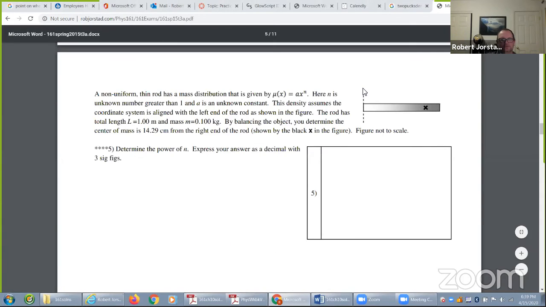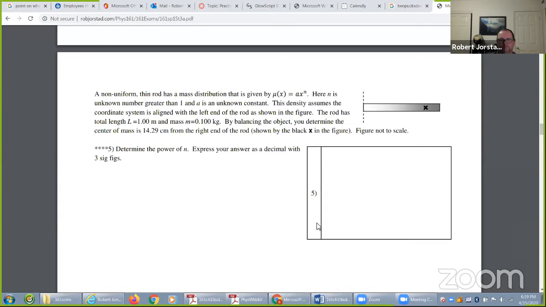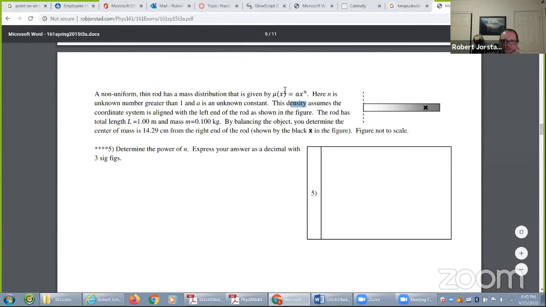This one, straight center of mass. Oh, whoops. I guess I just looked at it and I saw it and knew it. My bad. I gave it away there. I'm getting tired. I'm just answering the questions. I see density. As soon as I see density, I'm thinking, oh crap, I need dm.